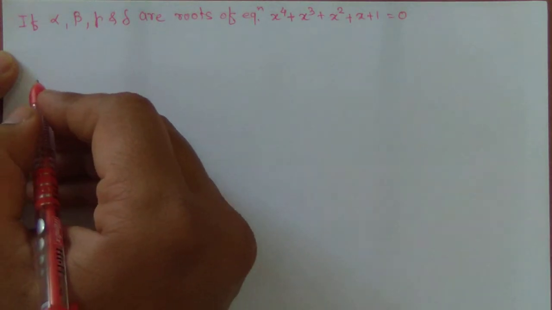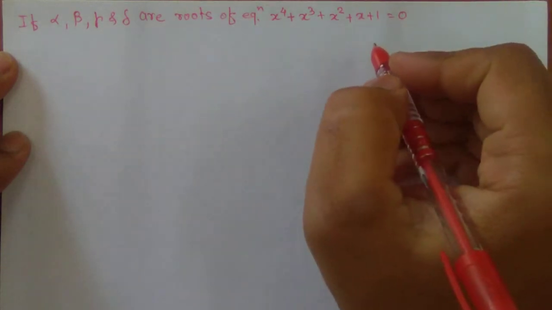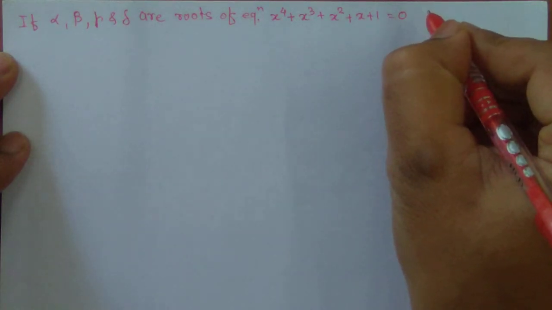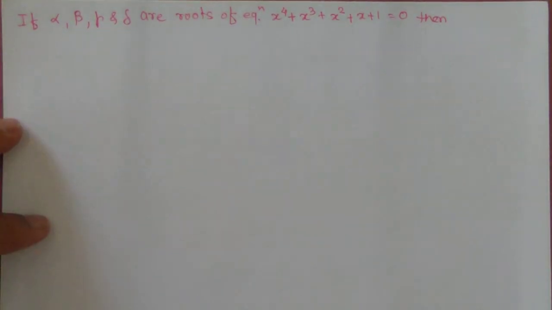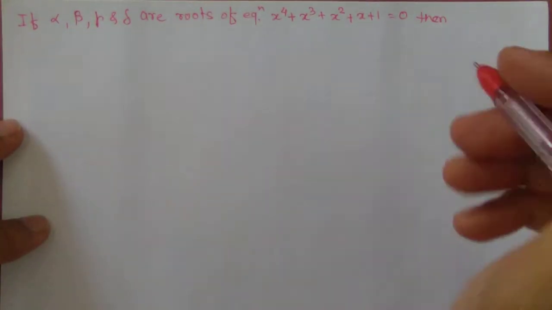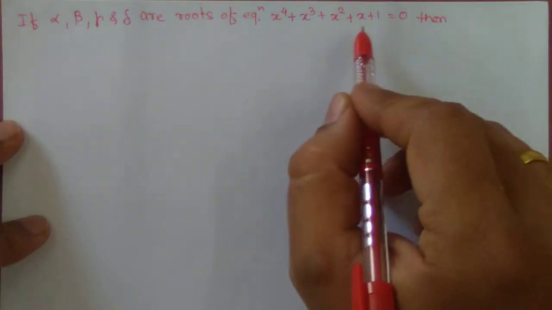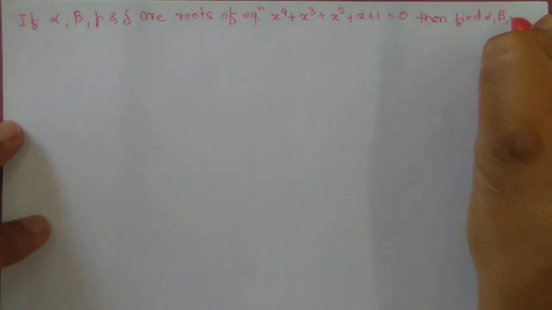I just changed the equation: x raised to 4 plus x cube plus x square plus x plus 1 is equal to 0. Then if alpha, beta, gamma and delta are the roots of this equation, then find alpha, beta, gamma and delta.